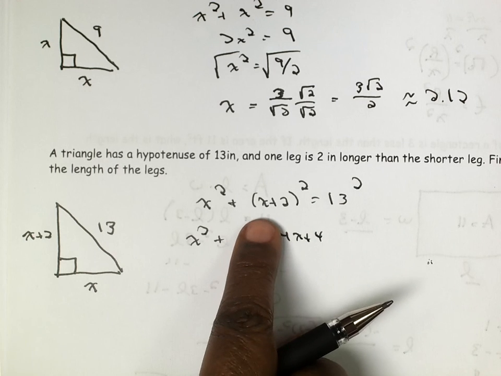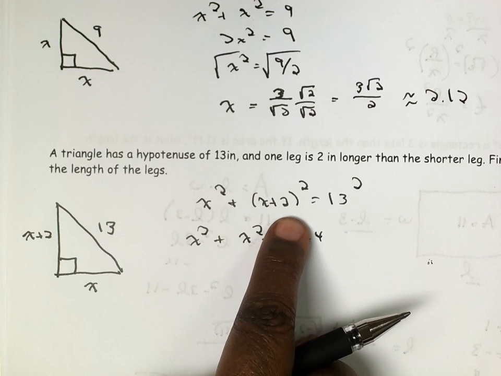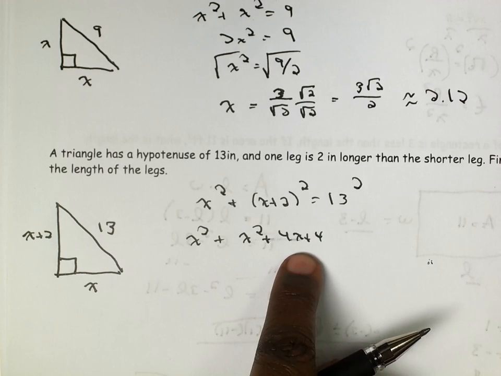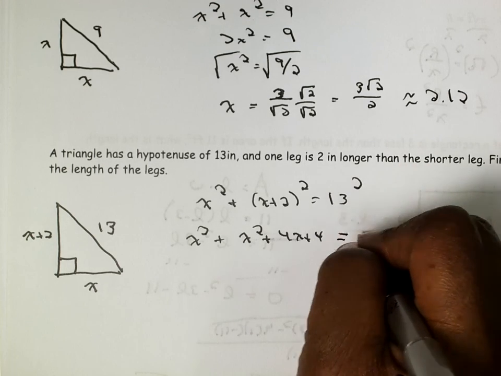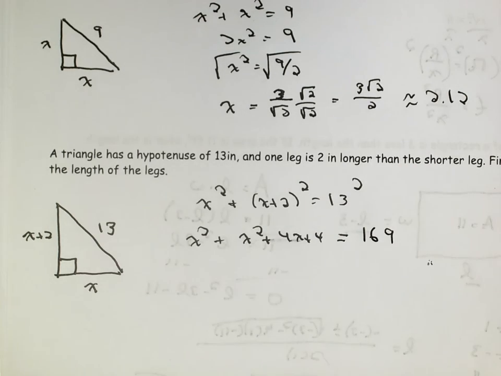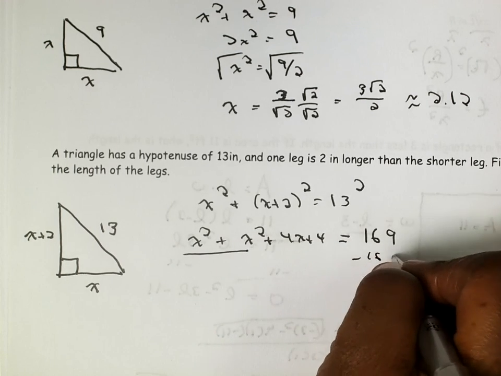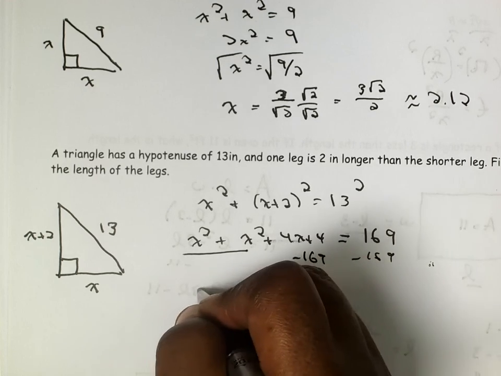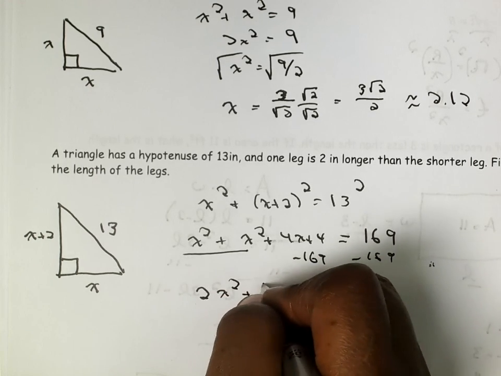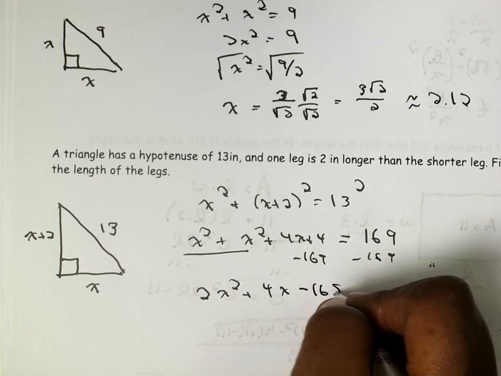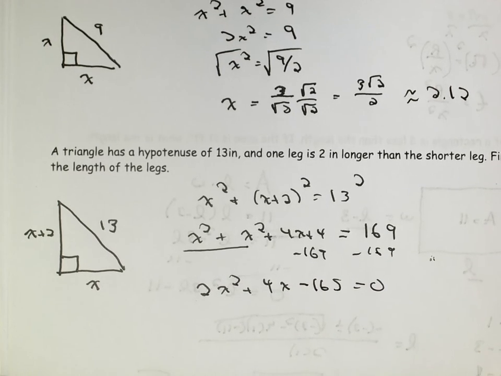So I FOILed out the x plus 2 squared, which is x plus 2 times x plus 2, to get x squared plus 4x plus 4. And then 13 squared is 169. So I'm going to clean that up, combine these like terms, and subtract 169. So we get 2x squared plus 4x minus 165 is equal to 0.